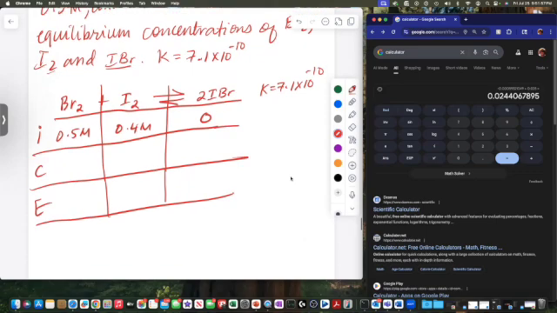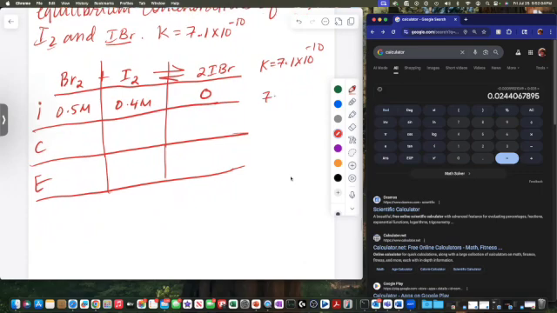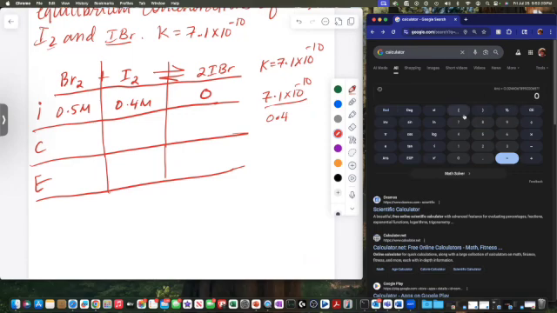Okay. So in a problem like this, you want to find out if the 5% rule works. So I'm going to try to put it here. 7.1 times 10 power negative 10. I'll divide it by the smaller number, okay? So 0.4, because if there is any number that's going to be dangerous, it'll be the smaller number, the one that's not as concentrated. Okay, so I will take 7.1 exponent negative 10, divided by 0.4.